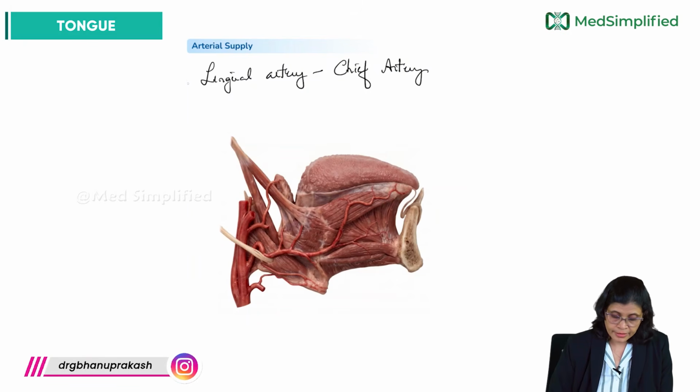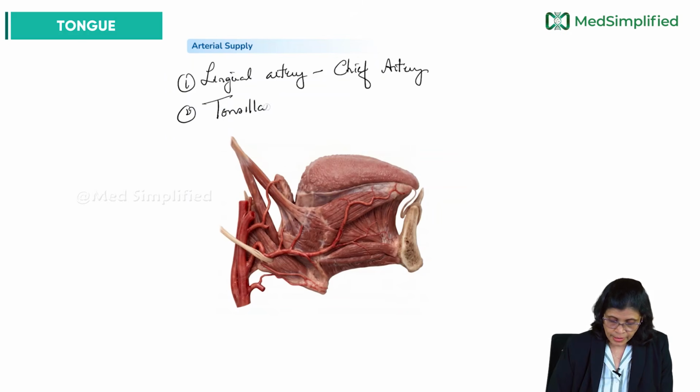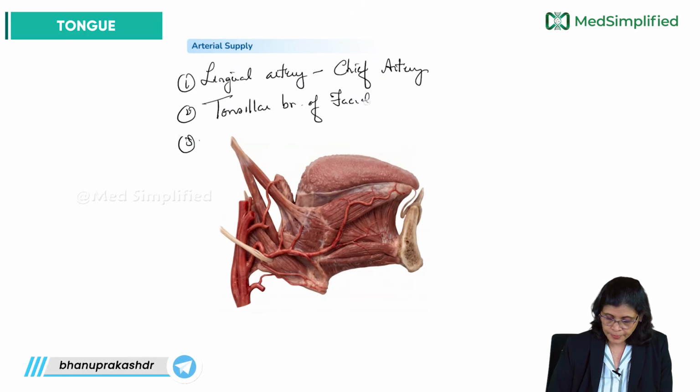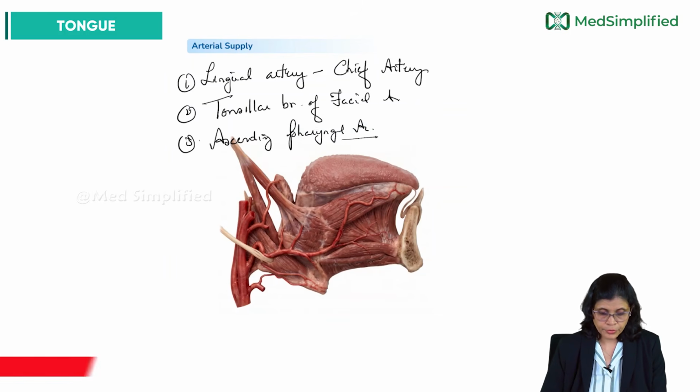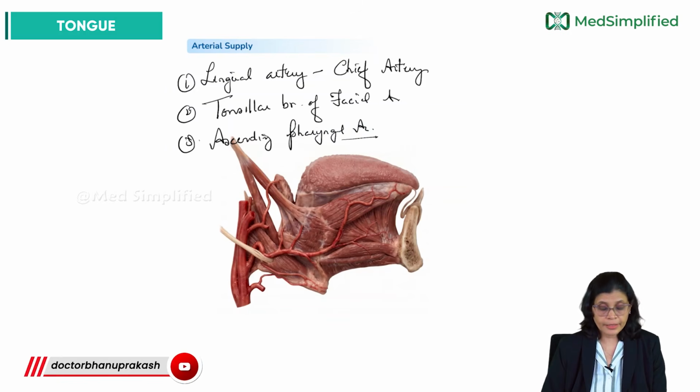Other than this, we have the tonsillar branch of the facial artery, and the ascending pharyngeal artery. So the lingual artery, the tonsillar branch of the facial artery and the ascending pharyngeal artery supply the tongue.